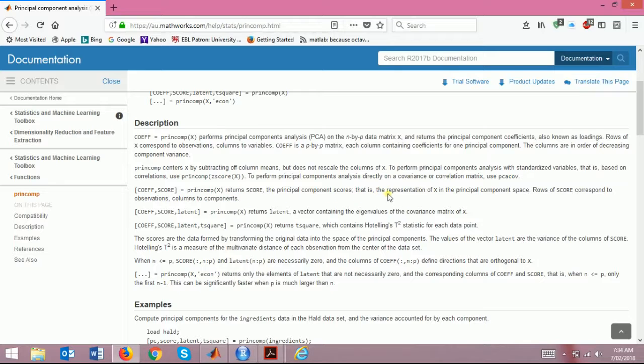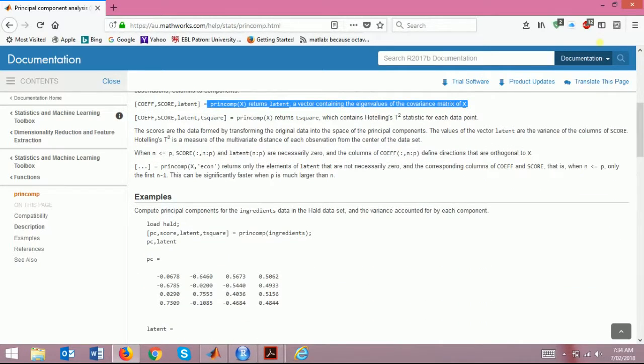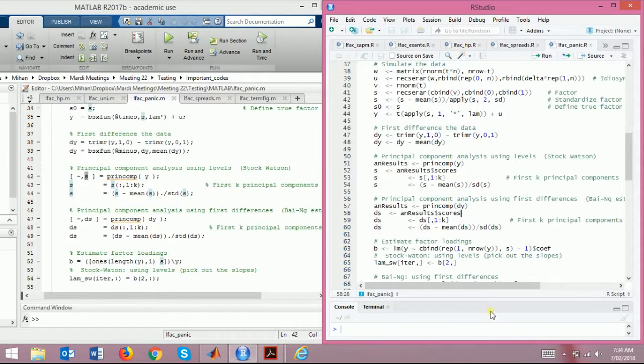The principal component scores, or S, the representation of x in the principal component space. Rows represent observations, columns represent components. Then latent, lambda, s lambda, you can find everything, and t-square. Latent is a vector containing eigenvalues of the covariance matrix of S. So the eigenvalues are also found. So very simple.